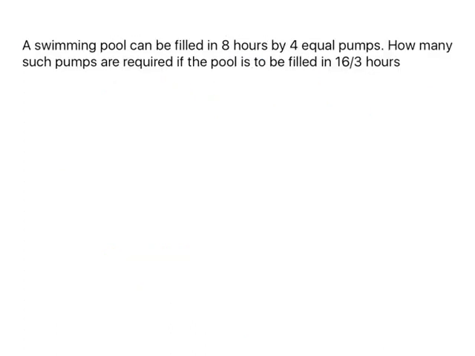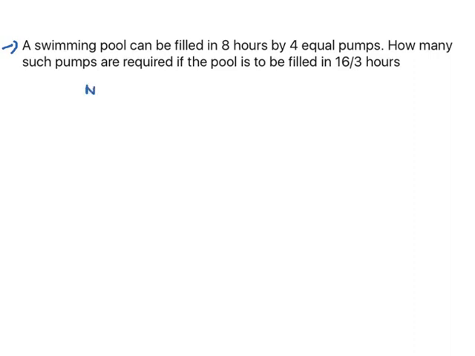Next question we have: a swimming pool can be filled in 8 hours if we are using 4 equal pumps. And we have to find out how many such pumps will be required if the pool has to be filled in 16 by 3 hours. So in that case, if we are increasing the number of pumps, then it will decrease the time taken to fill the swimming pool. So this is the case of indirect variation.